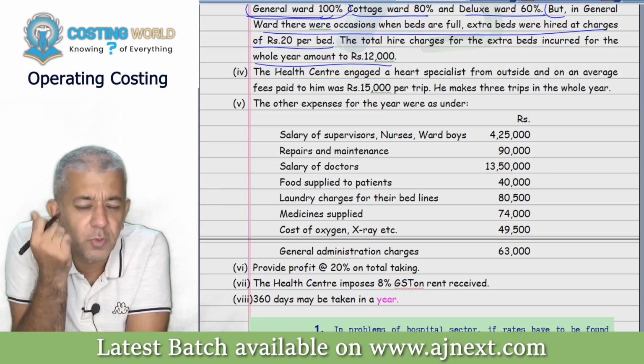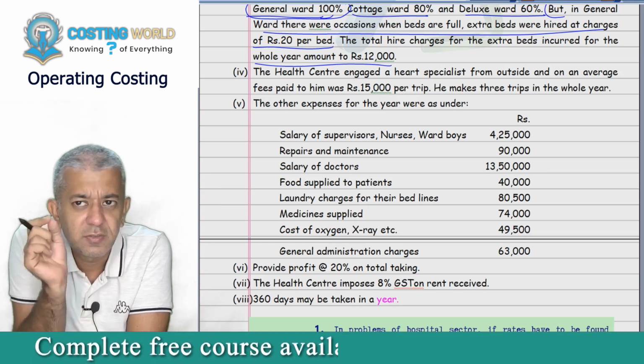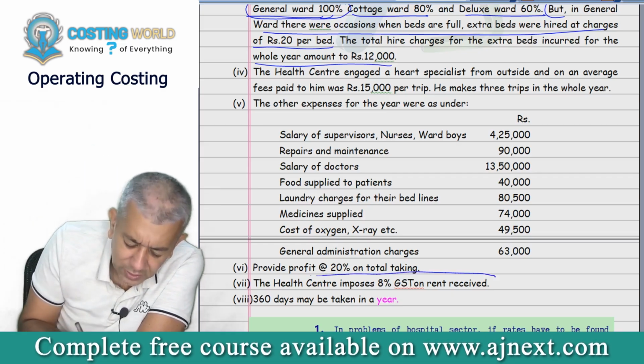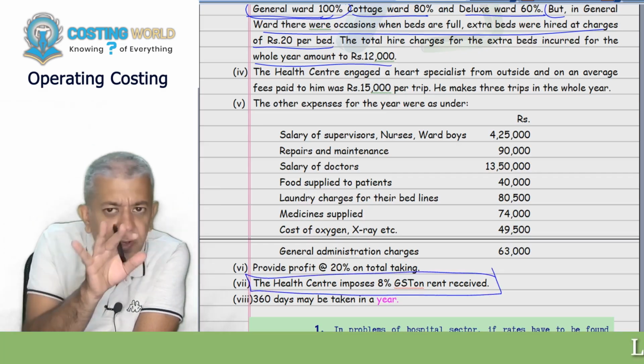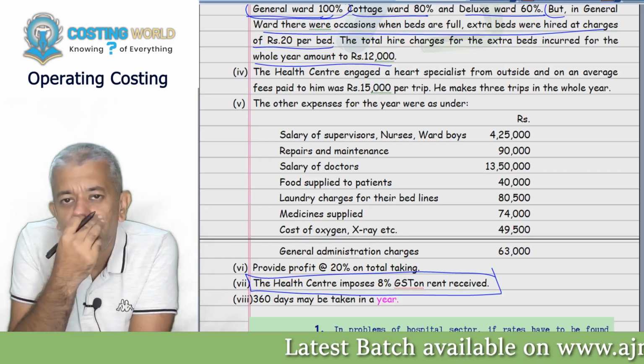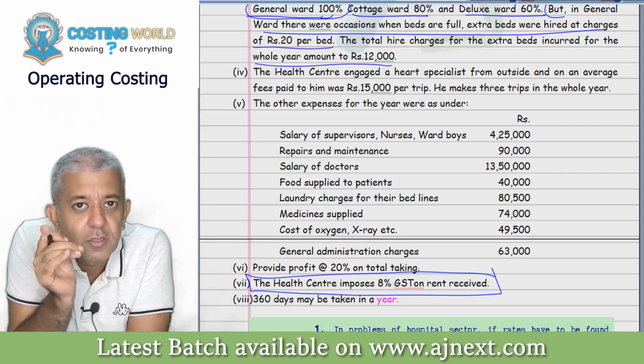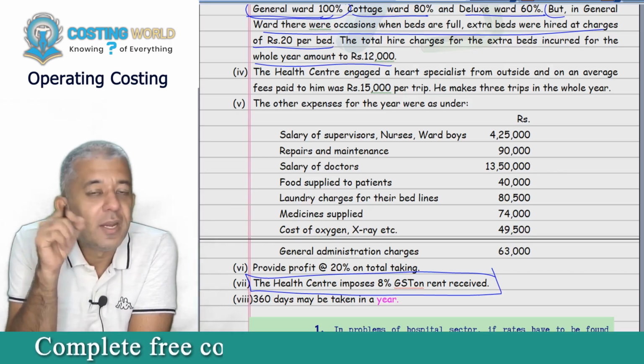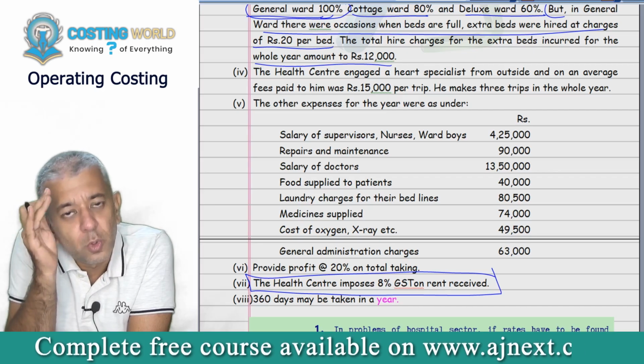Whenever we take fees from you, we charge GST separately, no? So this line, ignore it for the entire question. Once you get your final answer, then have another super final answer. Rates including GST.